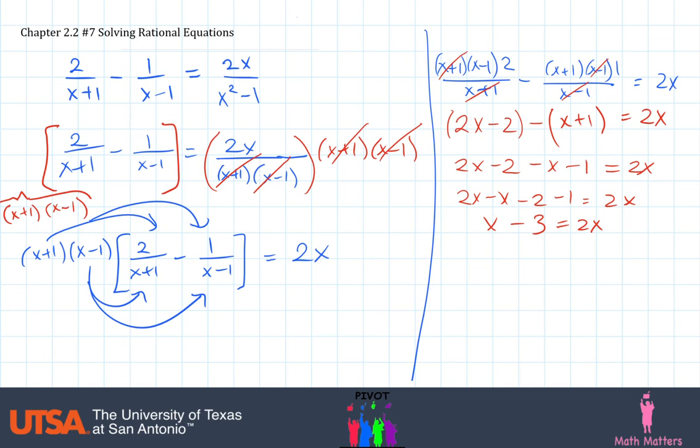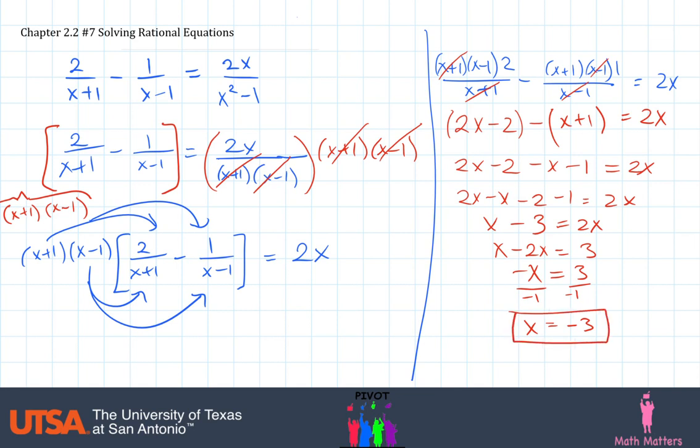And then we can move that negative 3 over to the right to make it positive, and move the 2x over to make that x minus 2x is equal to 3. Subtract that 2x, we get negative x is equal to 3. Divide both sides by negative 1, and we get x is equal to negative 3.